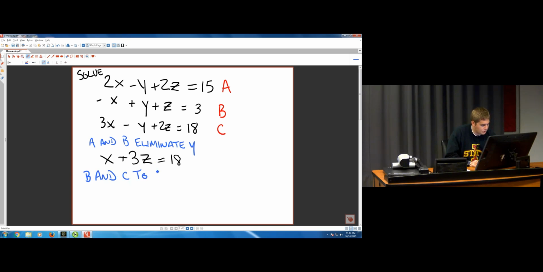Once again, we're going to choose Y. When you do these, you want to eliminate the same variable in all equations so that we can get two variables that we can work with again. Once again, we can just add B to C.